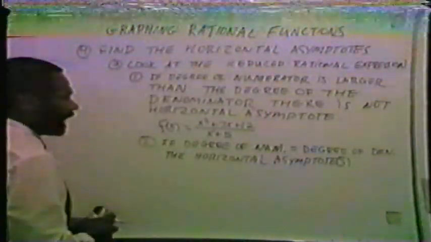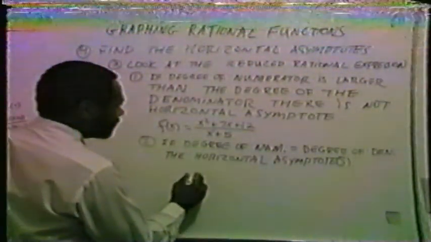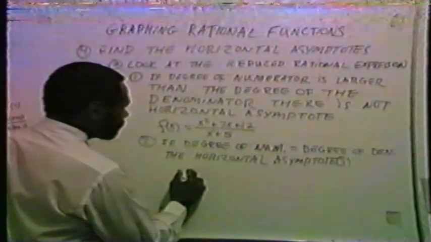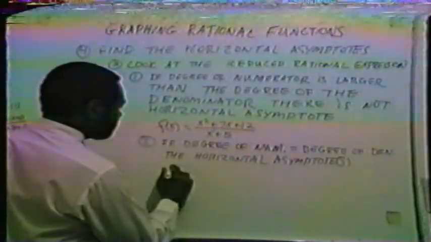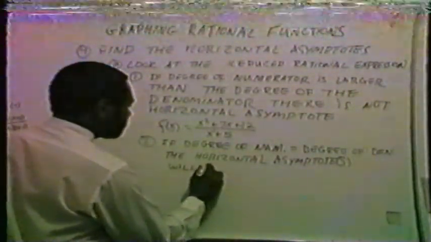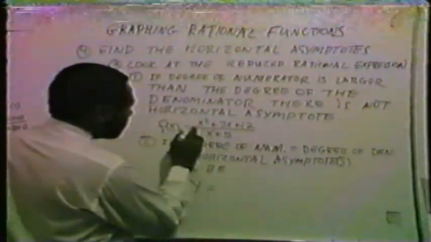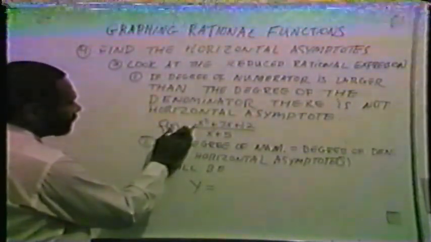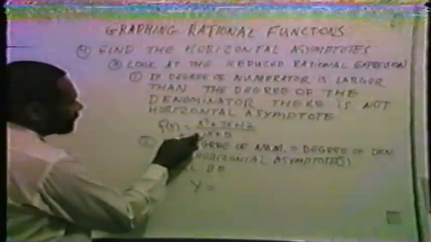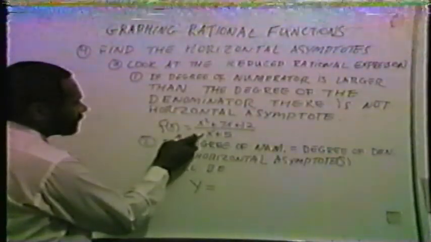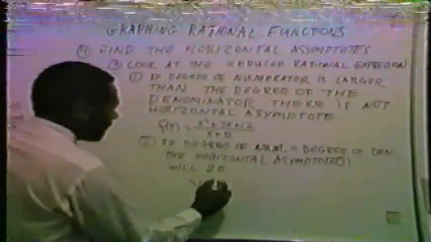The horizontal asymptote will be y equals the leading coefficient of the numerator, which is the coefficient of the highest degree term of the numerator, divided by the coefficient of the highest degree term of the denominator.